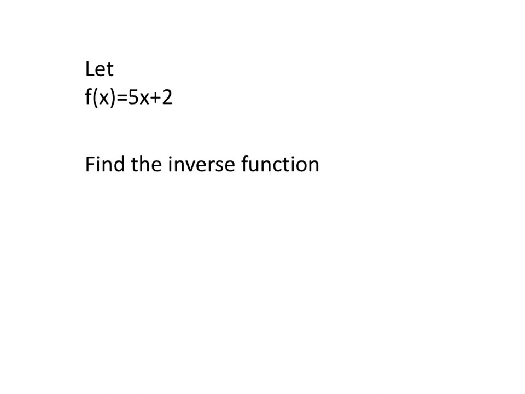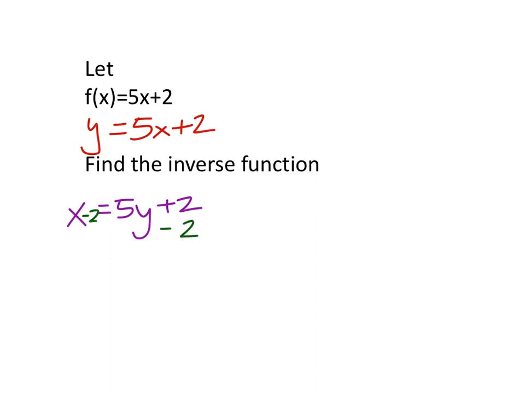All right, find the inverse function of this stuff. So again, I'm going to write it as y equals 5x plus 2. And that would be the actual function. So the inverse would be where I switch the x and y. So now I've got x equals 5y plus 2. And I'm just going to solve for y now. So to do that, I would subtract 2 from both sides.